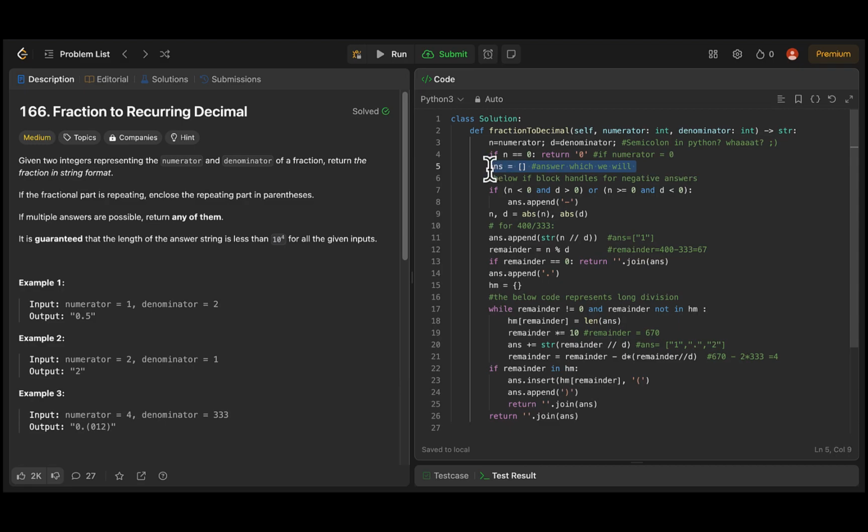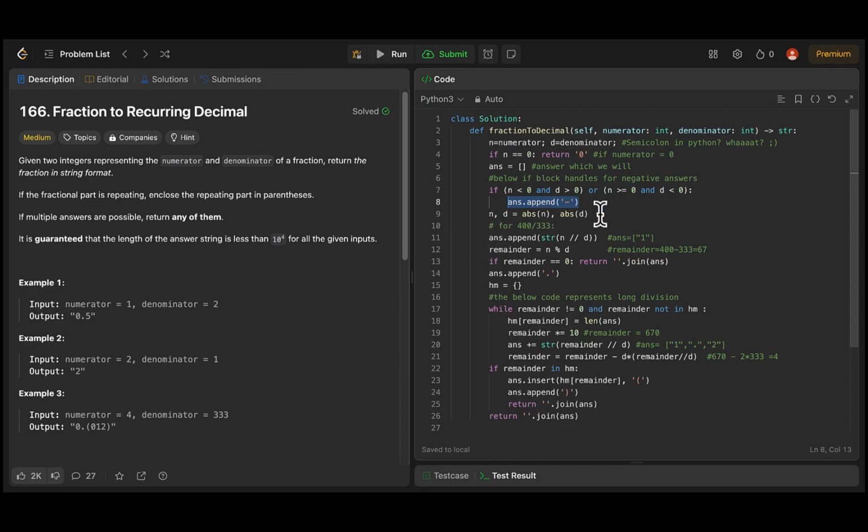This is the answer which we will be returning later on; we will join it into a string and return. This block handles negative numbers. If either the numerator or the denominator is less than 0, but not both, we add a minus sign as a prefix to our answer.